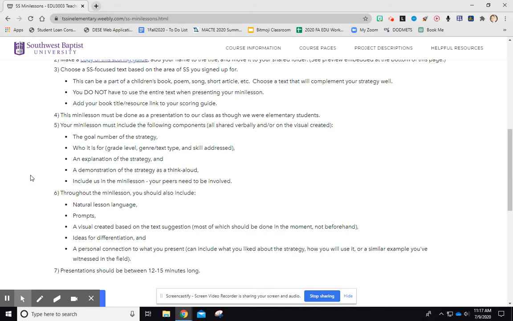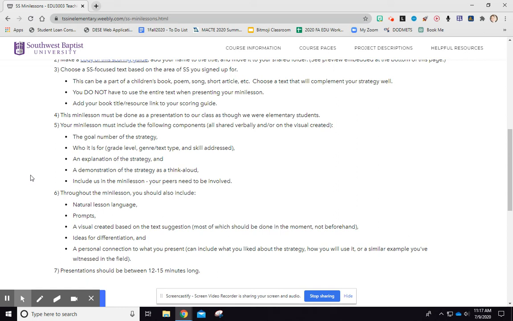But a lot of the strategies have anchor charts, so you can copy the anchor chart directly from the book onto your big chart paper, and then fill it in as we work through the strategy and the text. Some people in the past have printed out the poem, song, or portion of the book for all of us as the students to participate, and that's fine too. So you have some options and you can choose whichever works best for you.